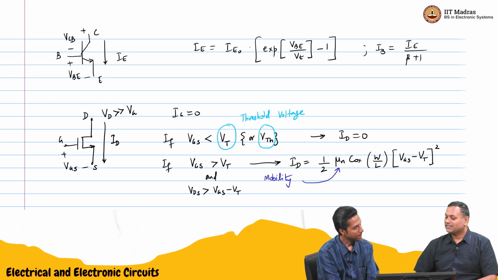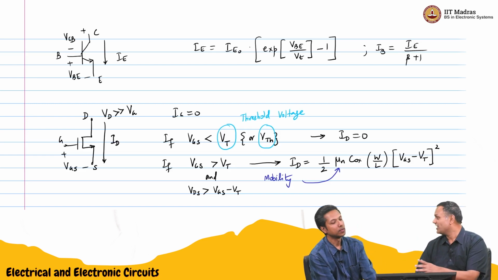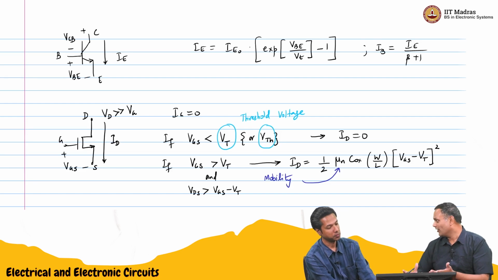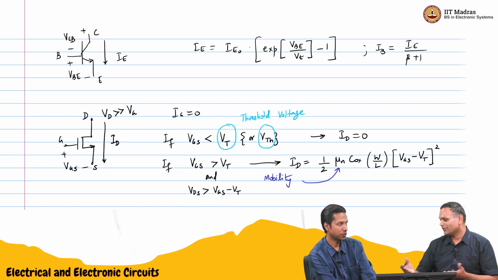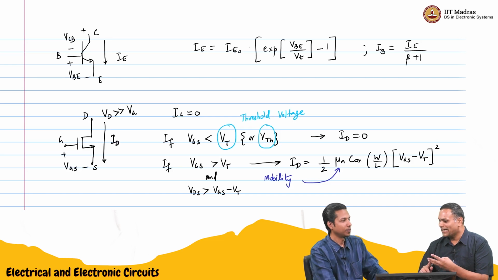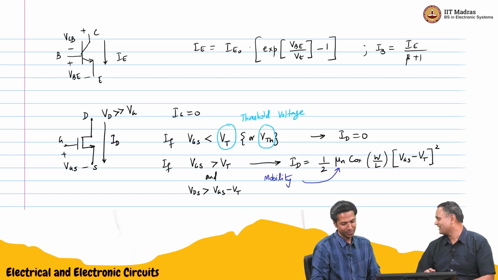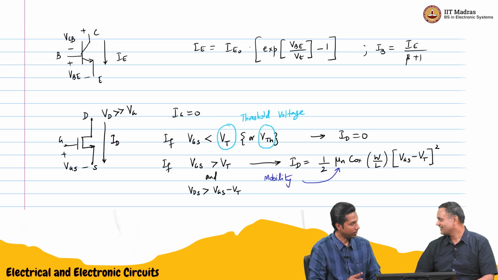Now, there may be integrated circuits where you can change W and L. But typically not. If you have an electronics lab, we will give them a MOSFET that will already have everything fixed. VT will be fixed. W, L, mu and C ox, all of these will be fixed. If you are designing and fabricating, then you can choose.